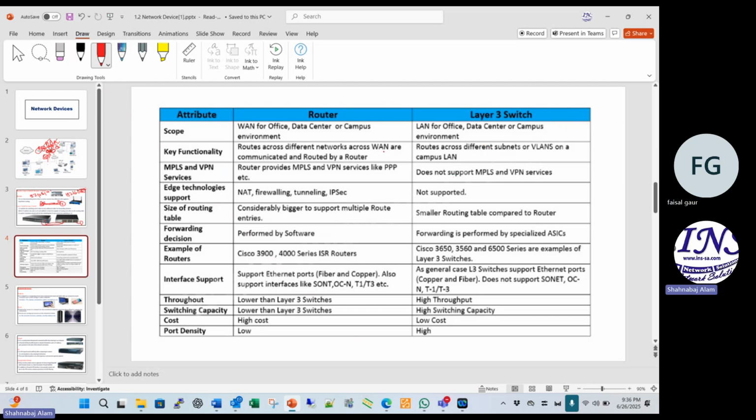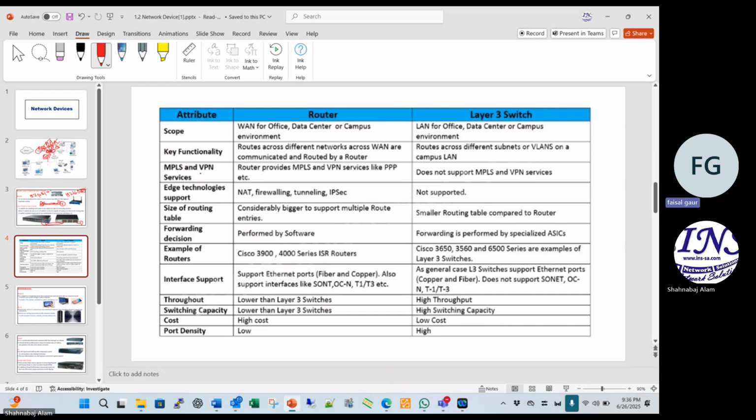Routers communicate on the wide area network. Suppose we have two campuses. How do we communicate between the two campuses? Without a router, we cannot communicate between two different campuses. Got it?